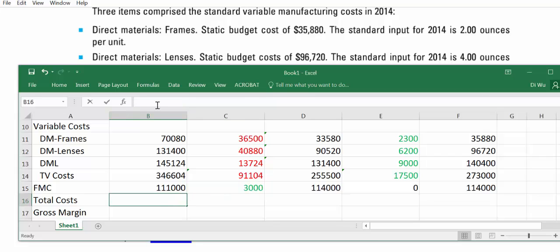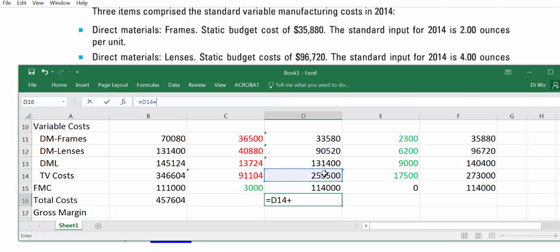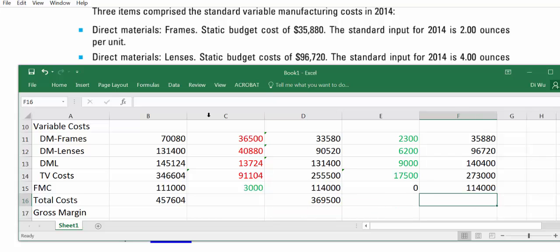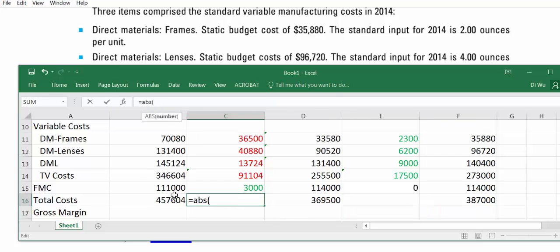Then the total cost is going to be the total variable cost added to fixed manufacturing cost. For this one we have 457,604, and for this one we also add the total variable cost to fixed manufacturing cost. We have this number, and for the static budget we have 387,000. Perfect. Now you can calculate once again the difference between the different total costs.